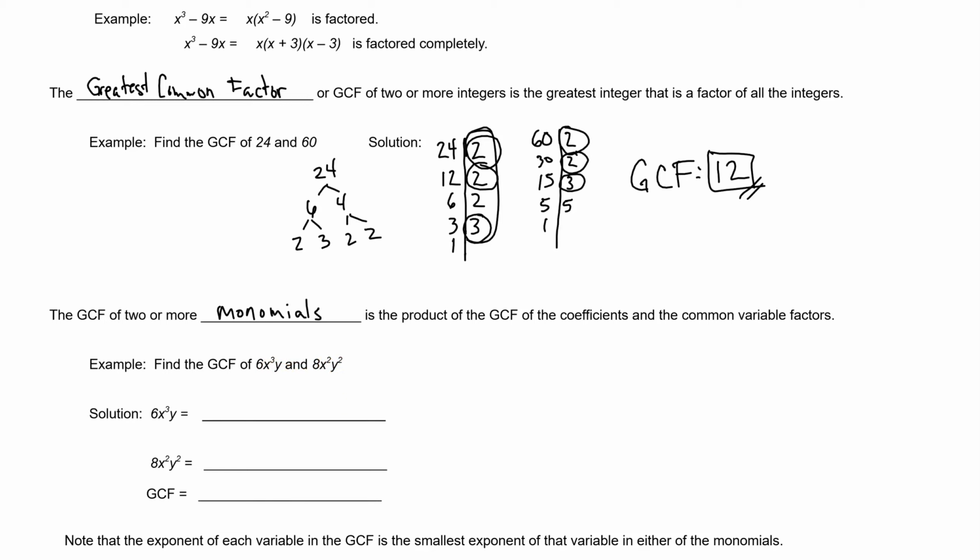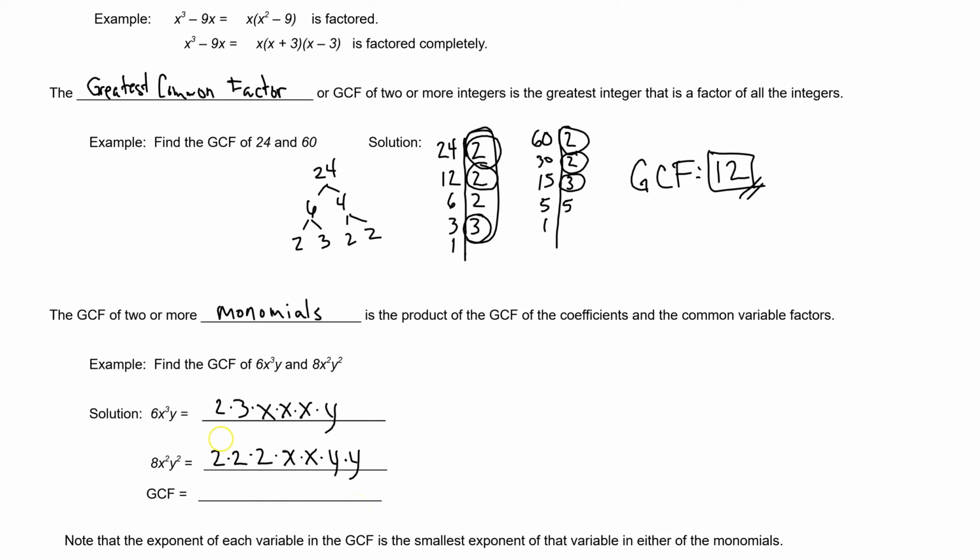So 6x cubed y is 2 times 3, the prime factorization, times x times x times x 3 times, and times y. And then the prime factorization of 8 would be 2 times 2 times 2. And then there's 2 x's, so times x, and y squared, which is y times y.